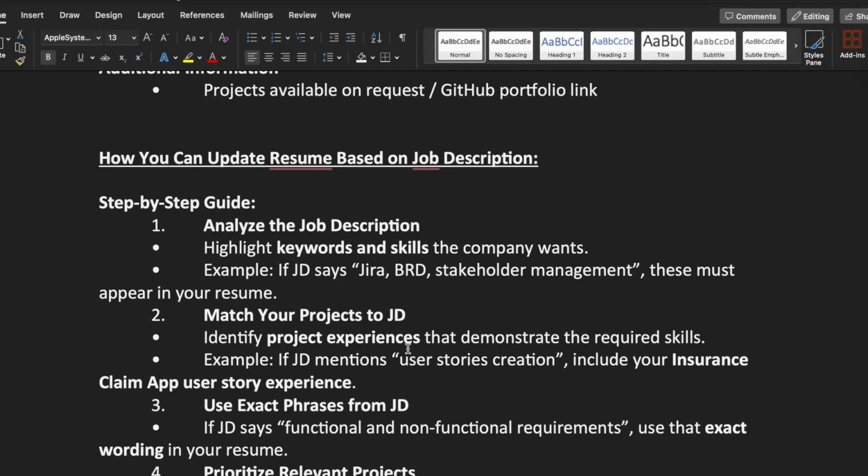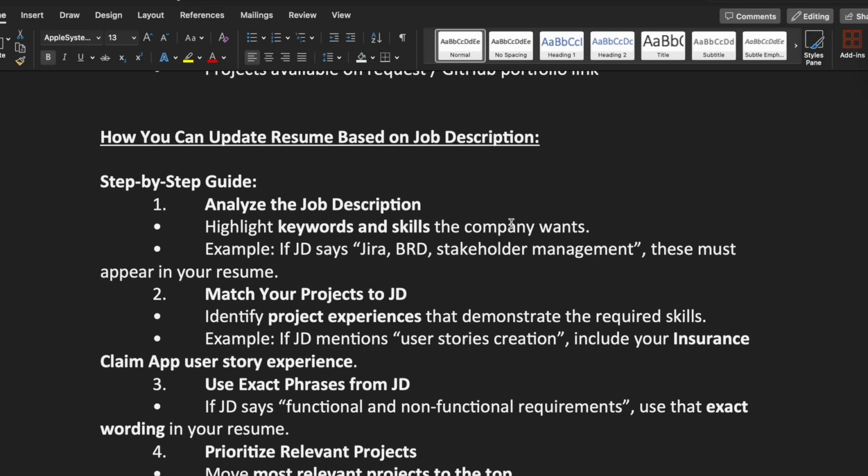Use the exact keywords and especially talk about your project. If you don't have experience, this will give you a quick response from the hiring manager.